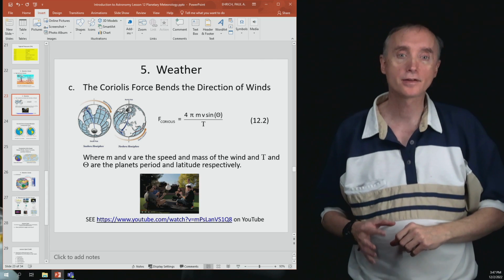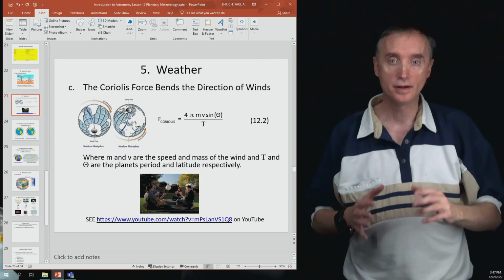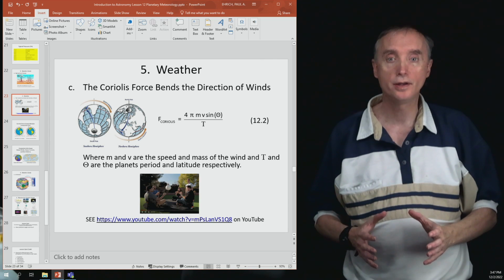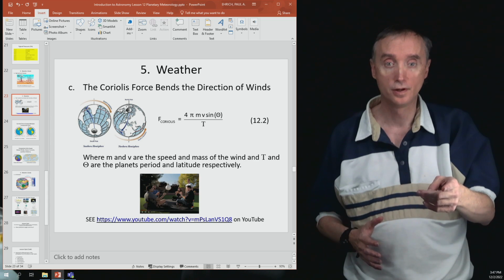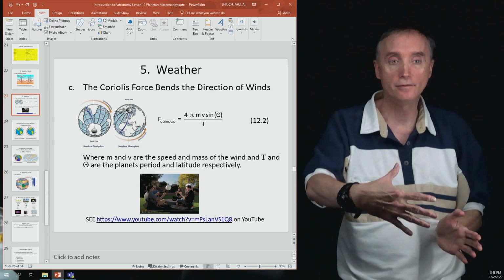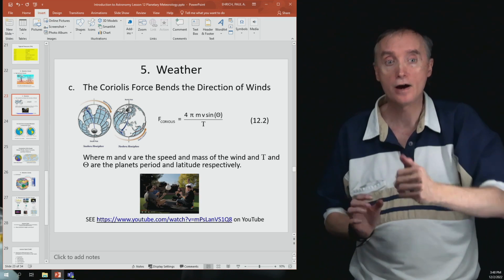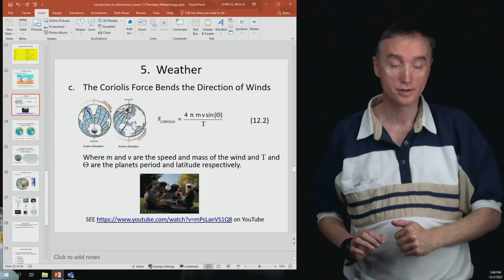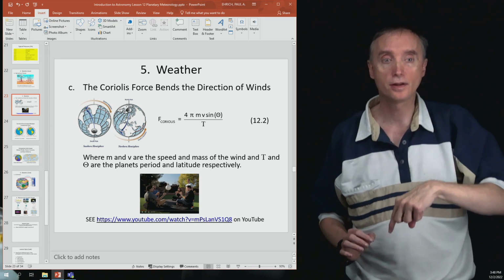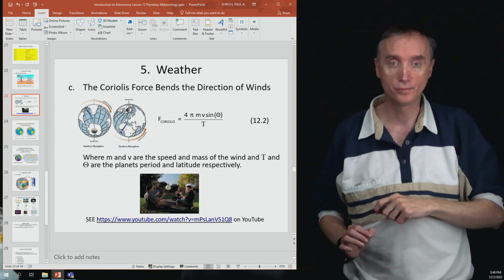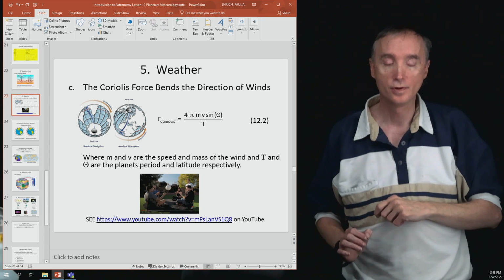A similar effect is going on here: the object really was going in a straight line, but the platform was rotating out from underneath it. So it made it look like it bent in midair when it really did not.